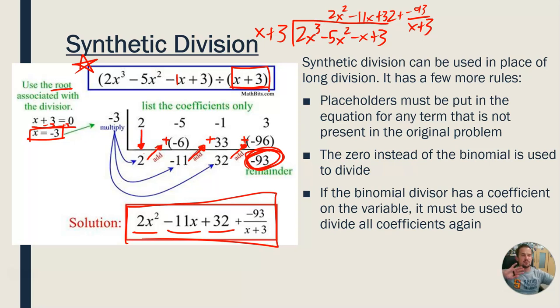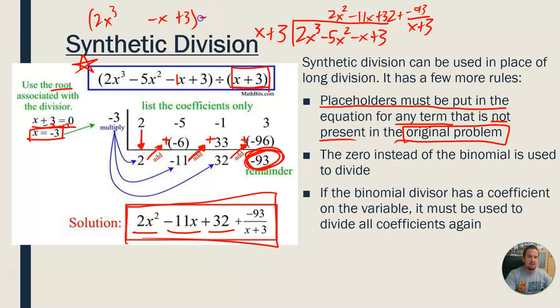So let me highlight some of the quirks and rules associated with synthetic division that I have to remember if I'm using it in the place of long division. First of all, placeholders must be put in for any term that is not present in the original problem. So say, for example, I had 2x cubed minus x plus 3 divided by x plus 3, and I didn't have an x squared term.